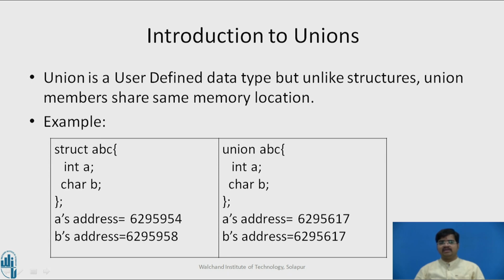Observe that a structure is created using the struct keyword, and a union is created using the union keyword. What we have to observe here is A's address and B's address in case of structure, and A's address and B's address in case of union.